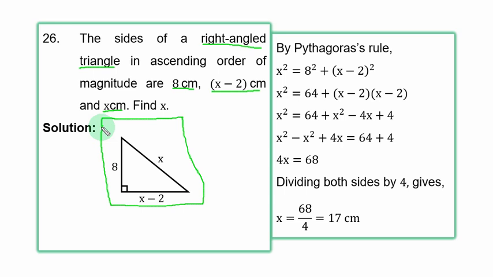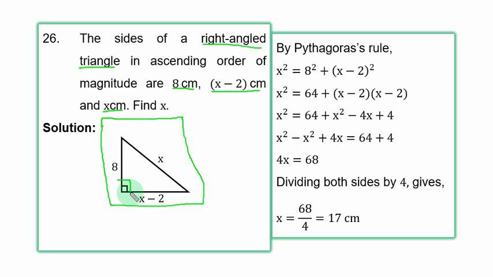And you know, in a right angle triangle, the longest side, that is the hypotenuse, the side facing the right angle, is the longest side. That means it is the side with the highest value, and in the given dimensions s is the highest side.